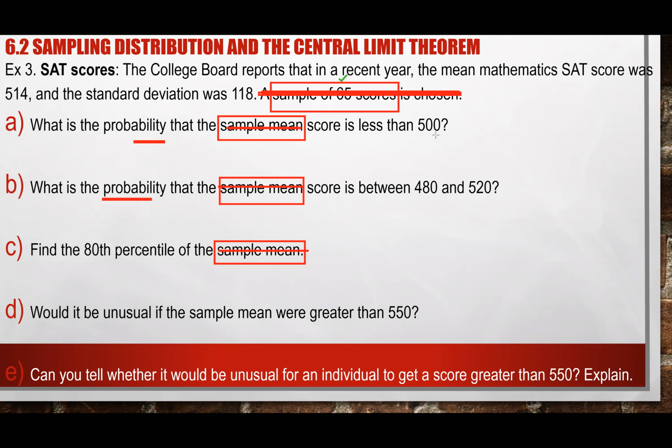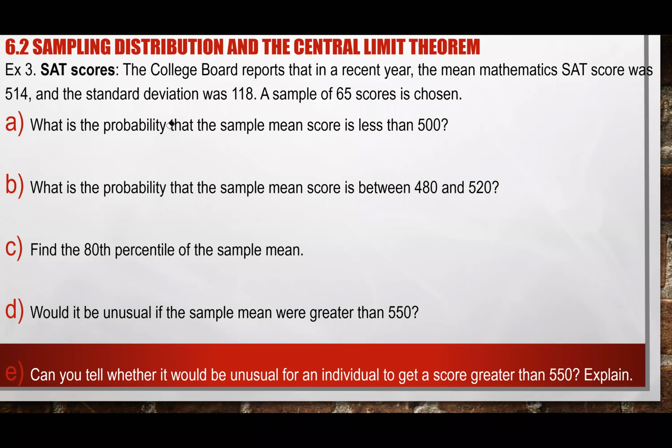Okay, the difference between this problem and 6.1 is that in this problem, we work with a sample. And because we work with a sample, we need to alter this item here. So we know that we need the mean, the average, where the sample mean is the same as the population mean, 514.